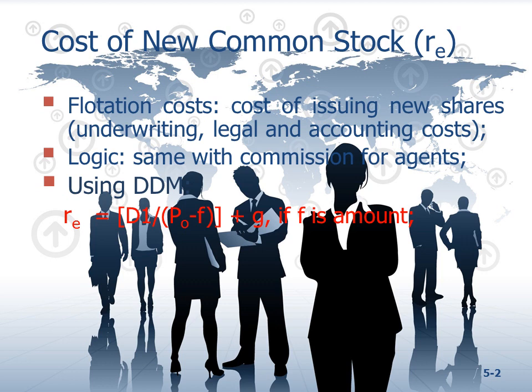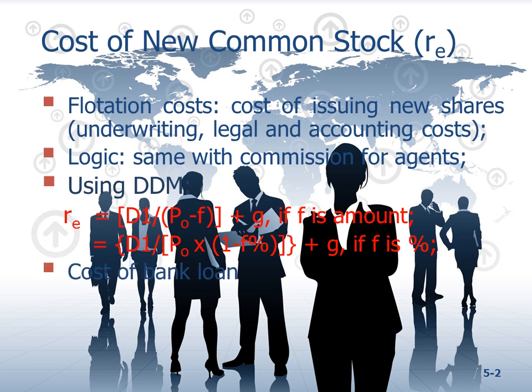The cost of equity or cost of retained earnings is D1 over stock price plus growth rate. We just include the flotation cost. If it is an amount, you deduct the flotation cost per share from the stock price in the denominator. If it is a percentage, you multiply the stock price by 1 minus the flotation cost percentage, or the percentage net of the flotation cost.